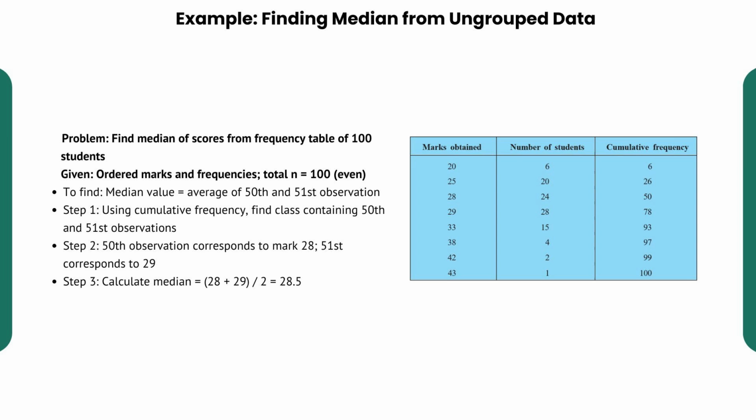This means that about half the students scored less than or equal to 28.5 marks, and half scored more. Notice how cumulative frequency helped us efficiently identify these positions within the data. Understanding this example prepares you for more complex grouped data median calculations.